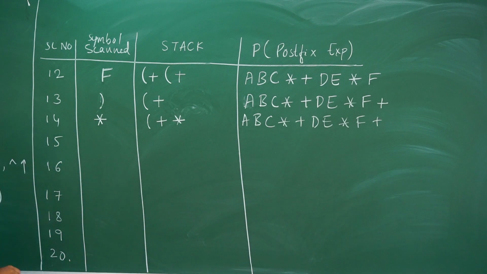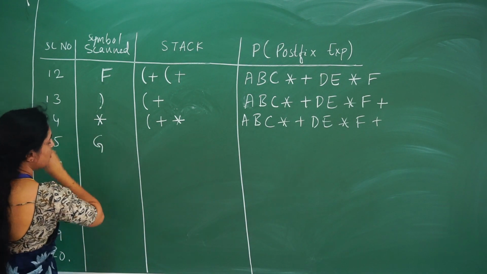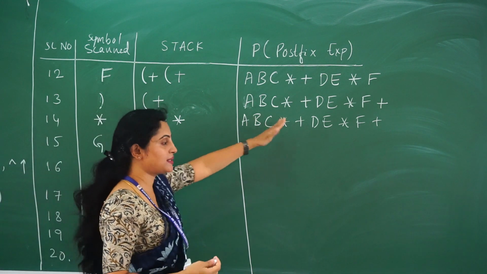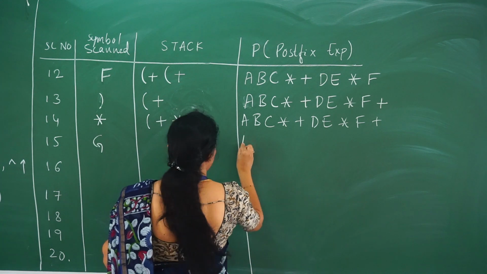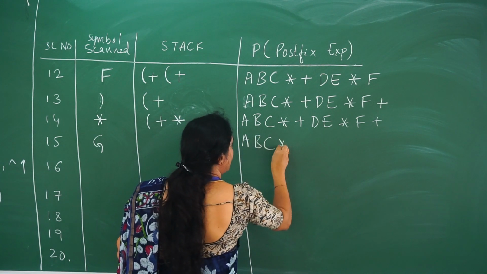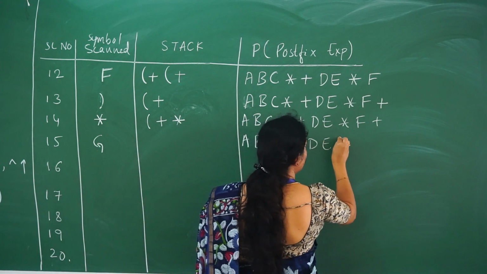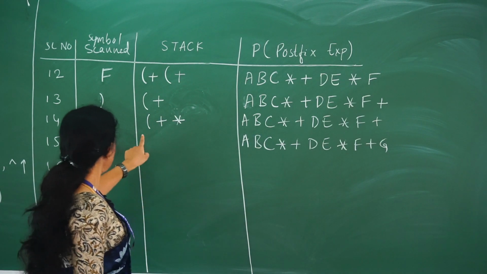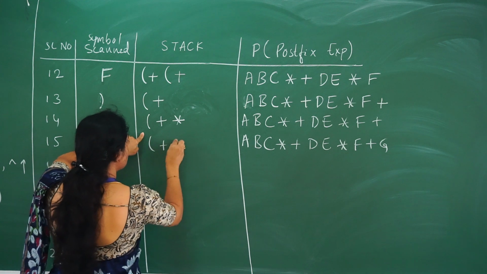Okay, the next scanned symbol is G. G is an operand, so we place it directly in the postfix expression, that is ABC asterisk plus DE F then G. The stack remains the same.